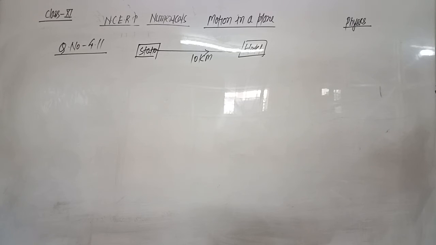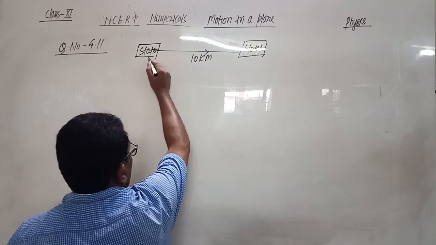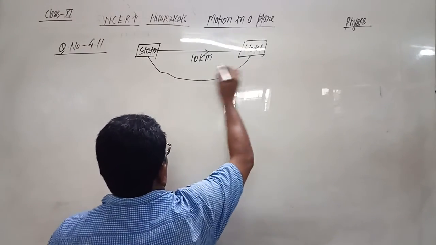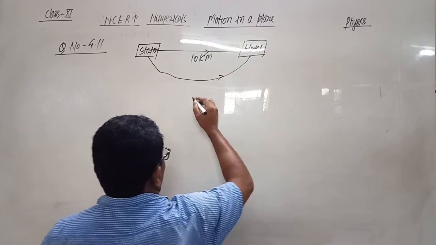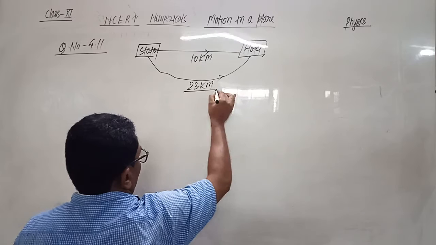A dishonest cabman takes him along a circuitous path 23 km long, and he reaches the hotel by covering a distance of 23 km.